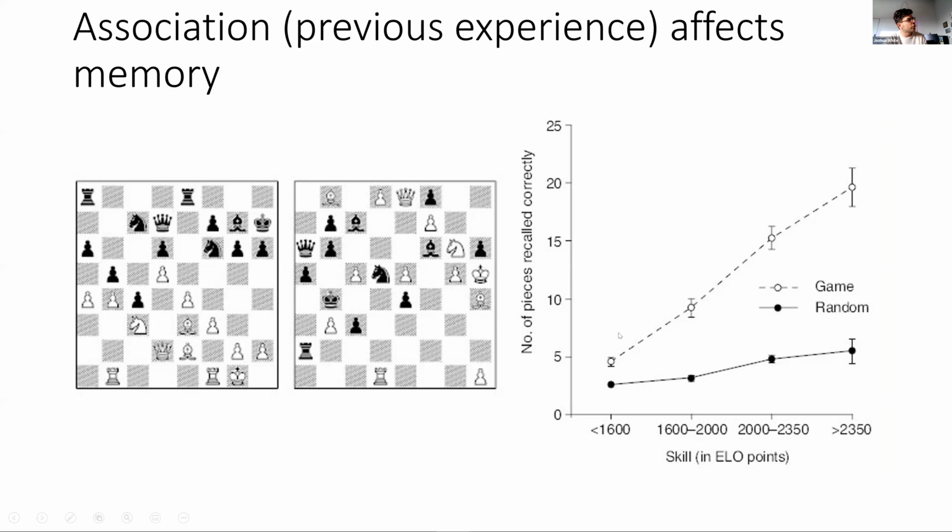So when you have a low chess skill level, you have a difference in the ability to recall them, but it's not as big. But if you're really skilled in chess, you immediately would imagine this game scenario, and it makes it easier to remember it. So this is an association with a previous experience. It allows you to add it onto your previous knowledge and update your knowledge, and it can work into the normal circuitry of your memory, right?